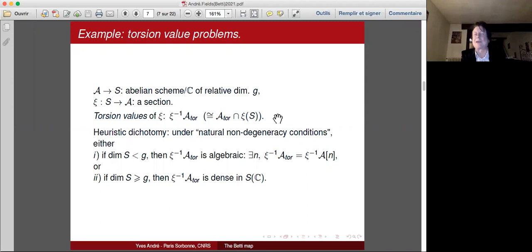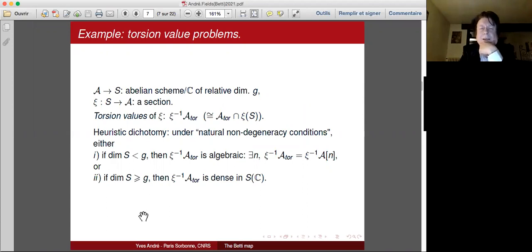Why unlikely? In fact, it is sometimes likely, sometimes unlikely, and there is a heuristic dichotomy which says that under some natural non-degeneracy condition, which I will make clear in the sequel, one expects the following dichotomy.